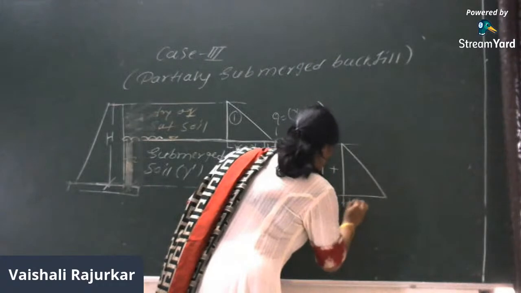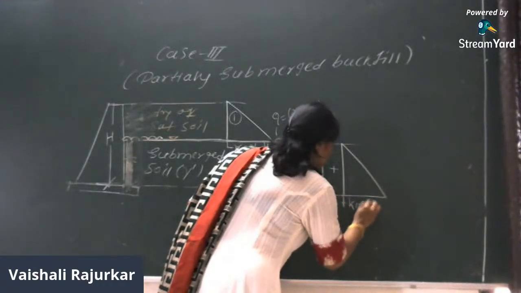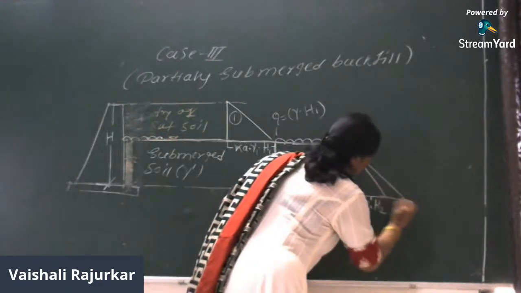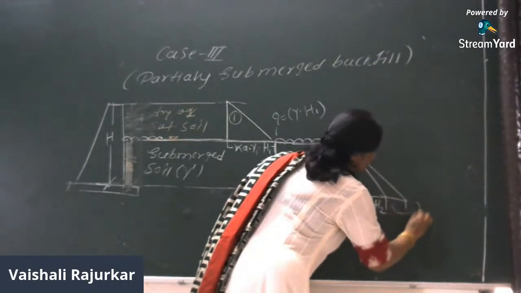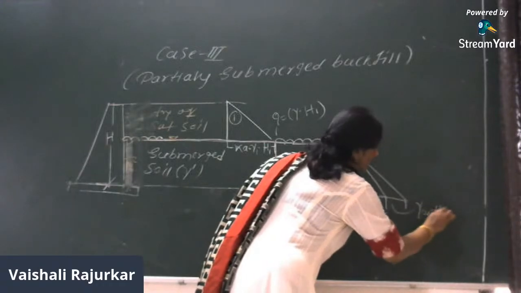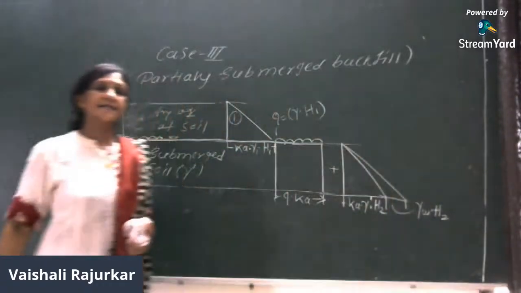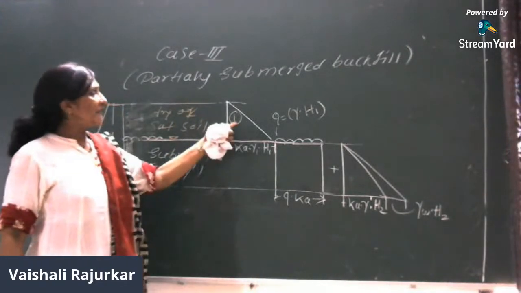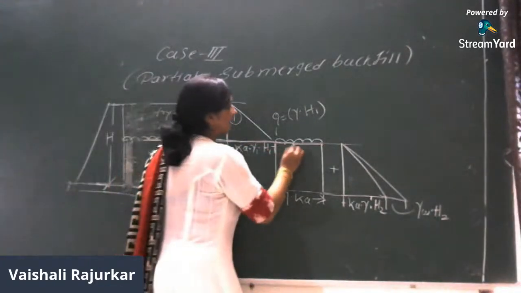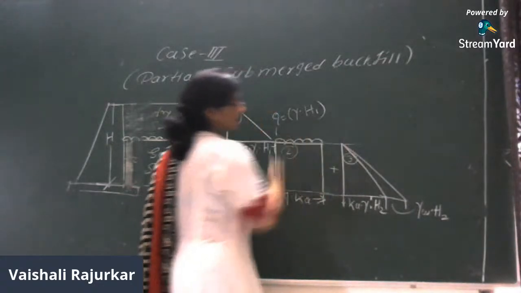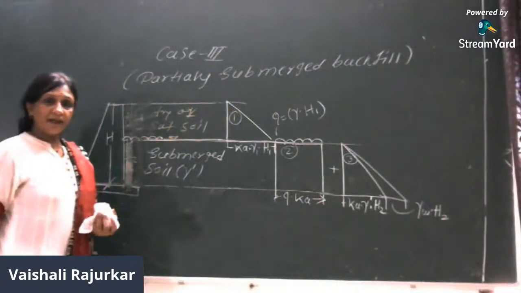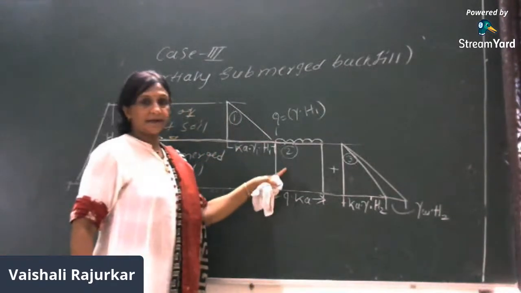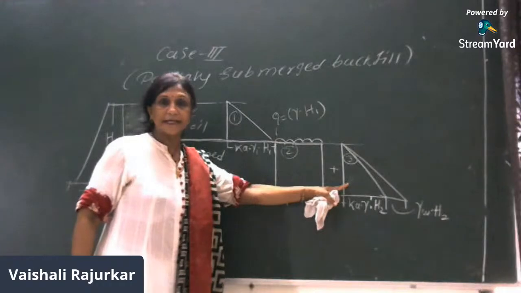So it will be Ka into gamma submerged into H2, and there is a water pressure where the intensity is gamma W into H2. Now, how many diagrams are you having? You are having one diagram due to surcharge, and there is a third one. So, what is total PA? Total PA is the sum of the areas of the first, second, and third distribution diagrams.